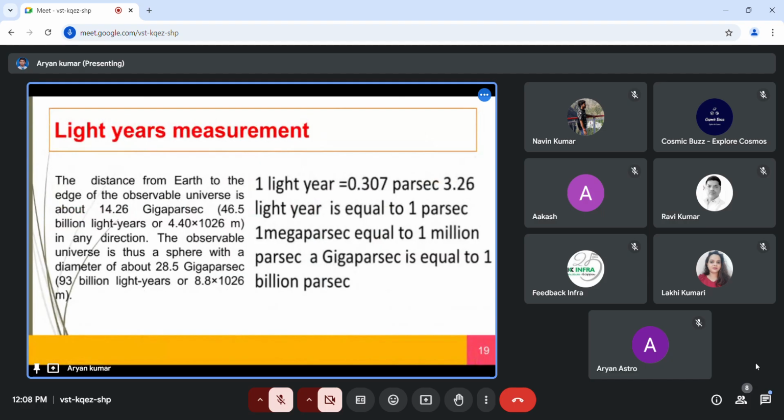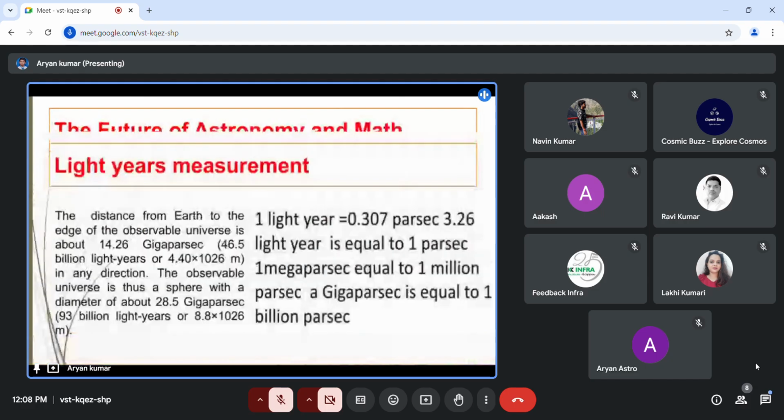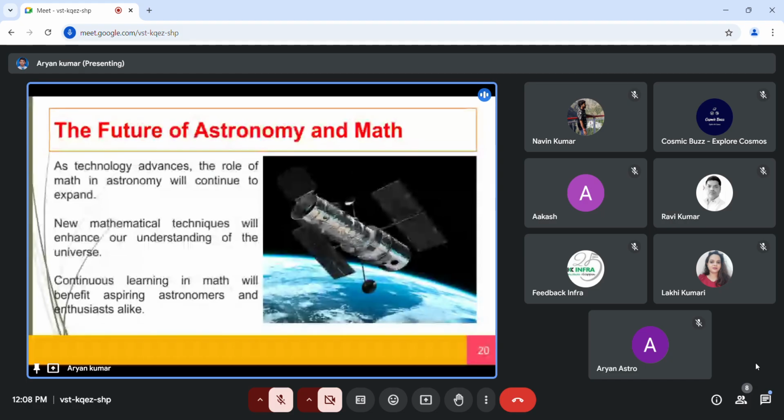The future of astronomy and math: we are doing projects that help us understand how astronomy and math work together, like the James Webb Telescope, which has given us stunning images of the past.